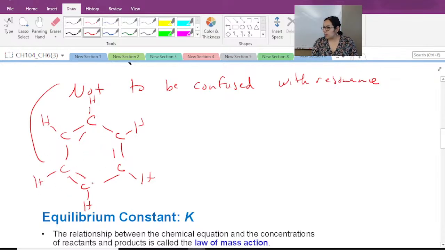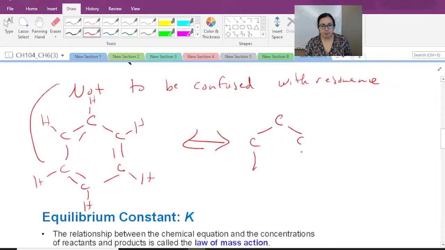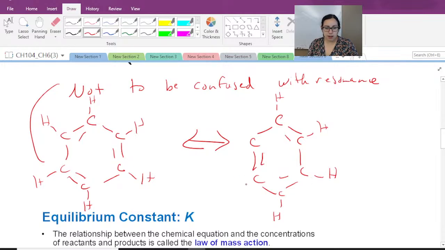But then we said that this structure really means that these double bonds are delocalized all around this ring, aka we could draw it where the double bonds are in a different position. And so we can move the double bonds around. All we're showing is electron movement here.